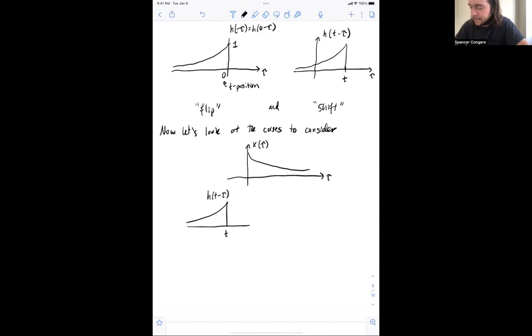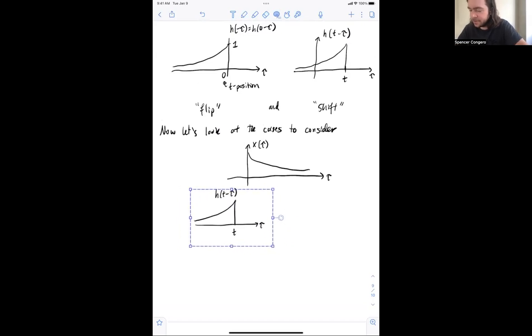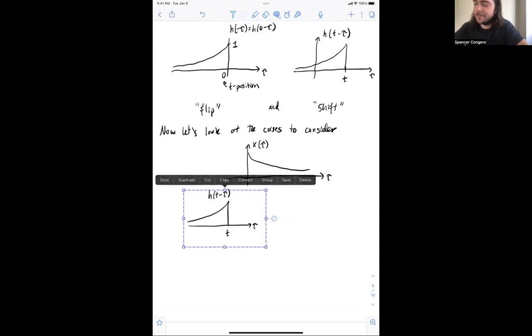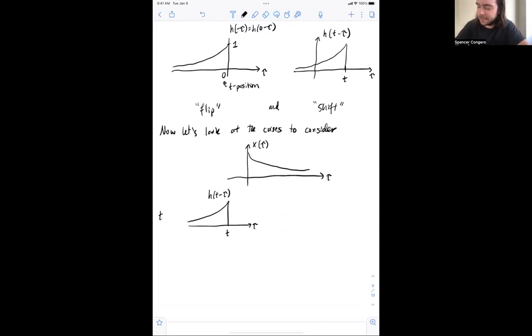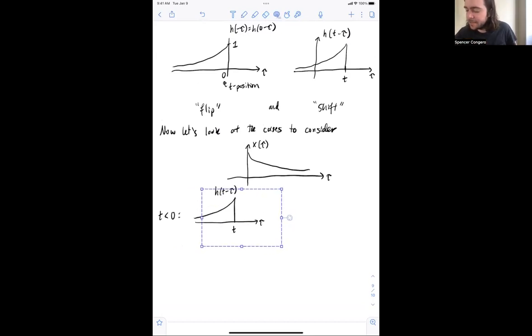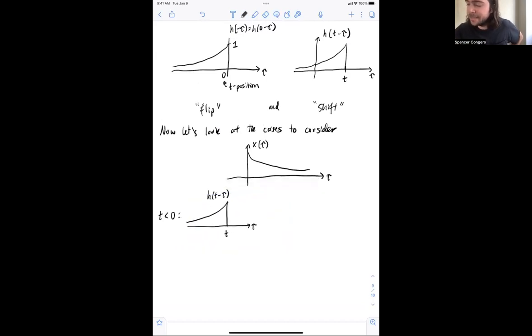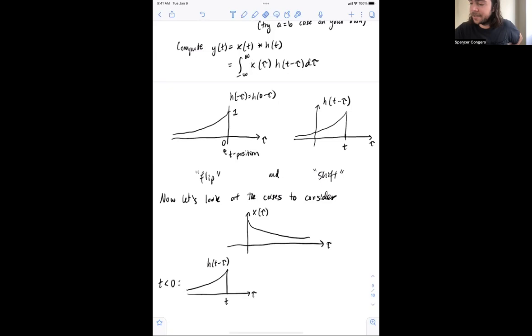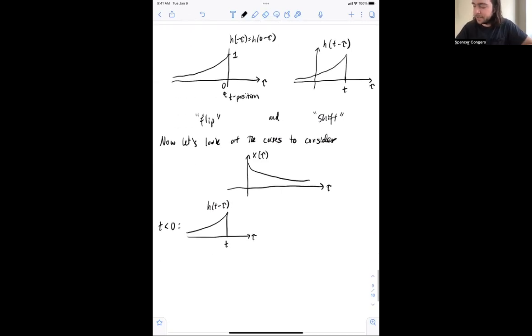And here's my first case. This is, again, when t is less than 0. You can see we have no places on the tau axis where both of these functions are non-zero. That's a typical standard first case that comes up a lot. We can already tell the convolution in that region should be 0, because there's no place on the tau axis where both these functions are non-zero. So in this integral, I'm just going to get 0 there. So that's going to be my case 1.